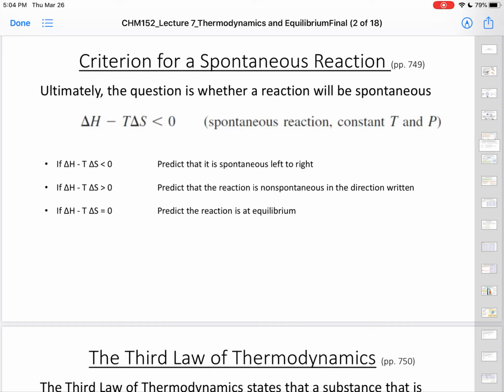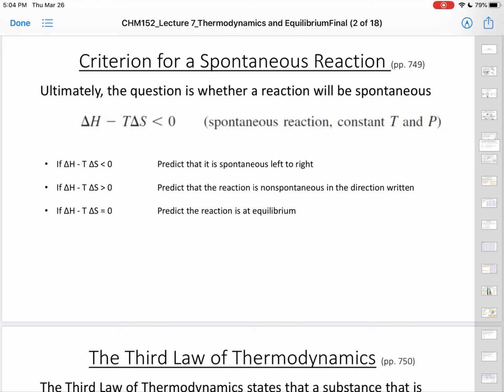So the criterion for a spontaneous reaction, right? Ultimately, we would like to know what are some of the things that we can identify and use to say, oh, this reaction most likely will be spontaneous.